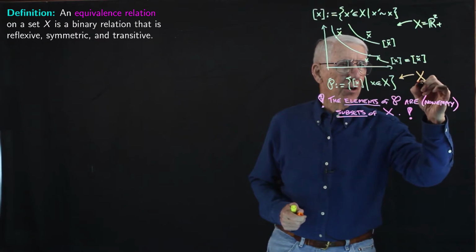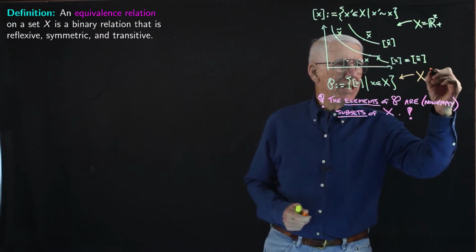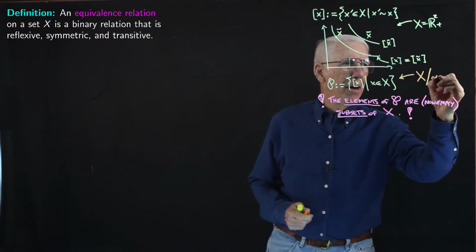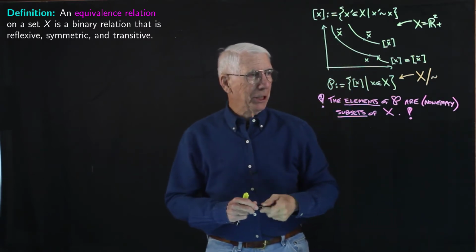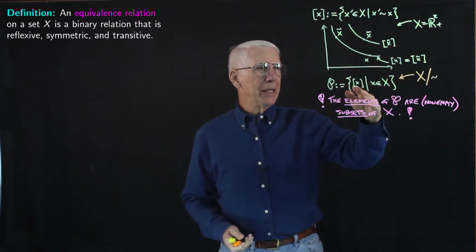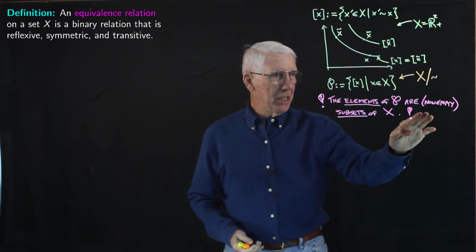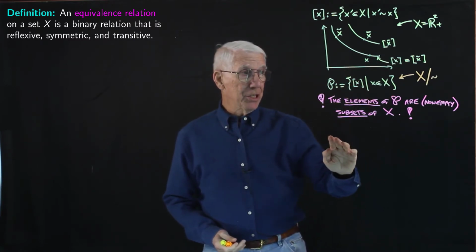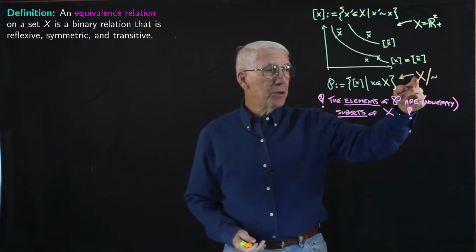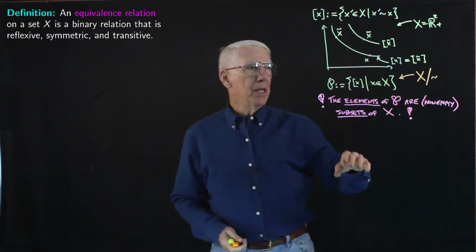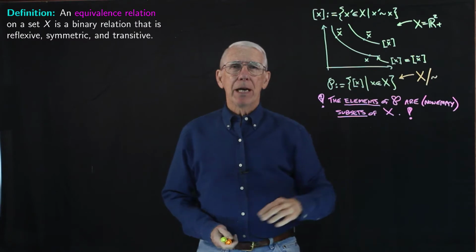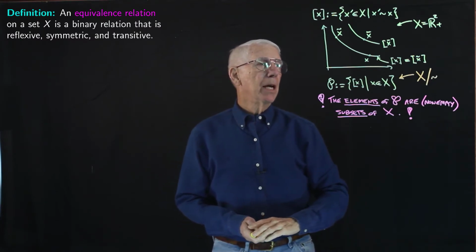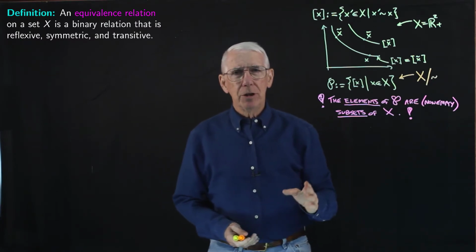We start with the underlying set and we divide it up by the equivalence relation into these subsets, which are the equivalence classes, and we actually use this notation sometimes. It's a standard notation, and we do use it.